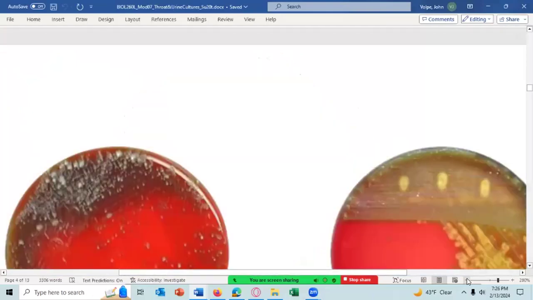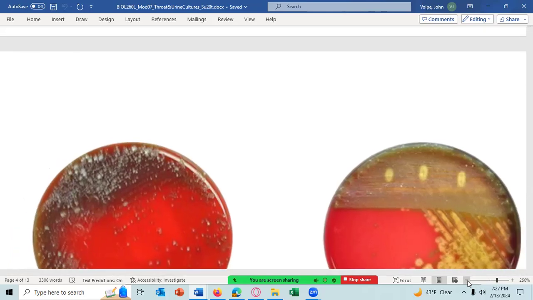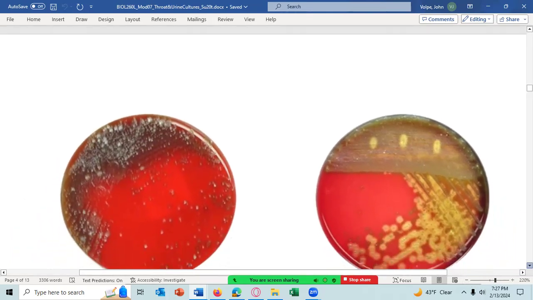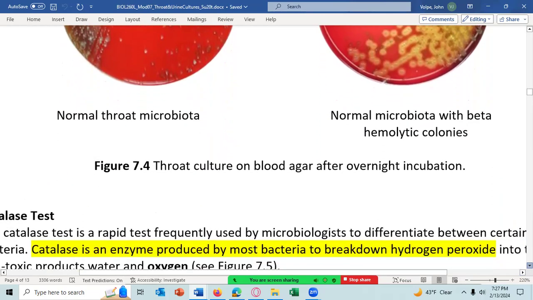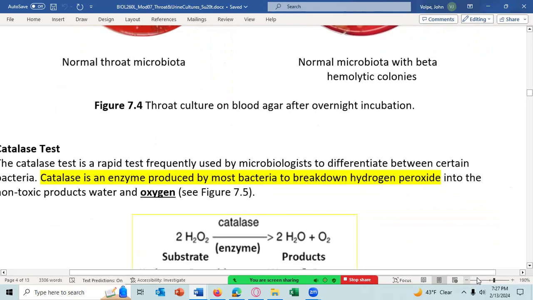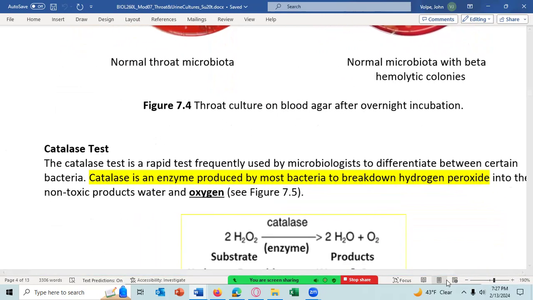Once we have complete hemolysis, meaning beta hemolysis, and it looks like a small colony that could be Streptococcus pyogenes, there are only 2 tests we need to run to show that the bacteria is Streptococcus pyogenes causing the sore throat and the beta hemolysis.